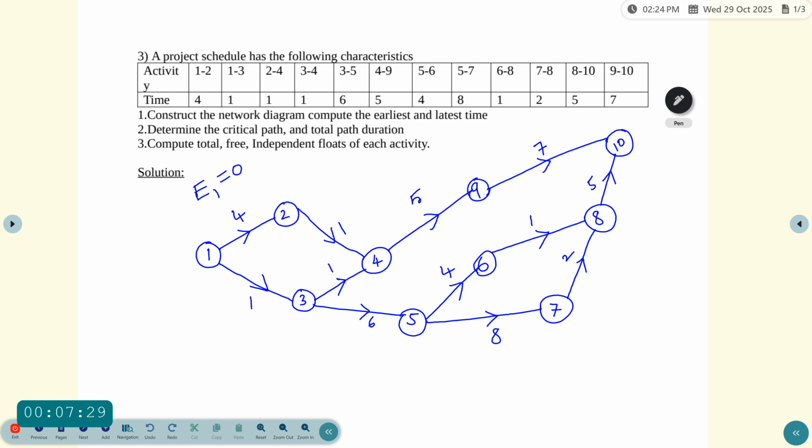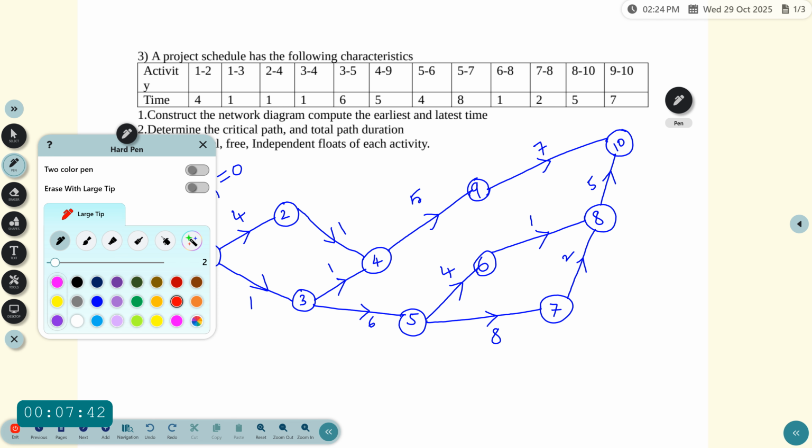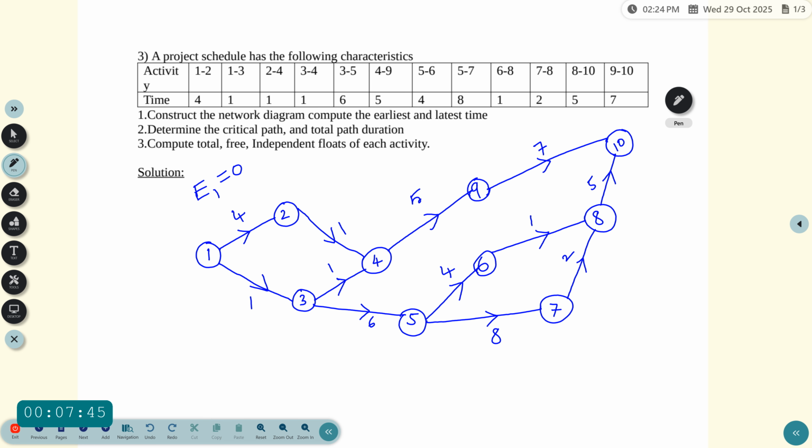So E1 equals 0 for the first event. Similarly, L denotes the latest time, and L1 is also 0.